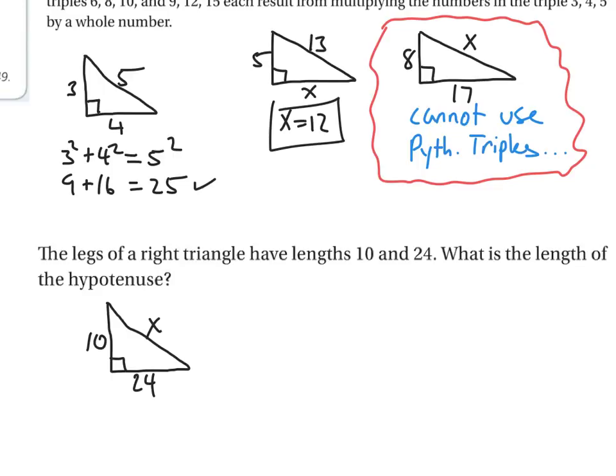But that is going to take more time than if you notice that this is a 5, 12, 13 Pythagorean triple. Okay? You might be saying, well, why is it 5, 12, 13? It says 10 and 24. 10 is 2 times 5. 24 is 2 times 12. Those are part of my Pythagorean triple, 5, 12, 13. So that means my value of x must be 2 times 13.